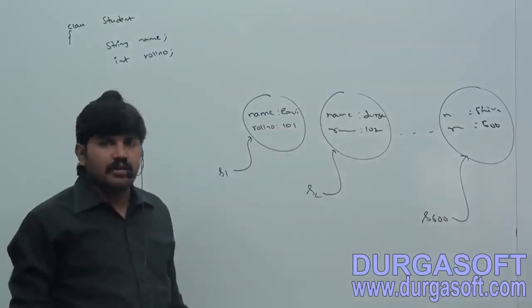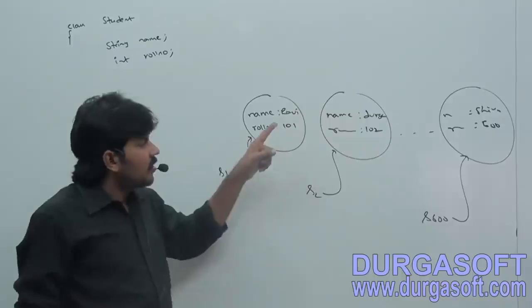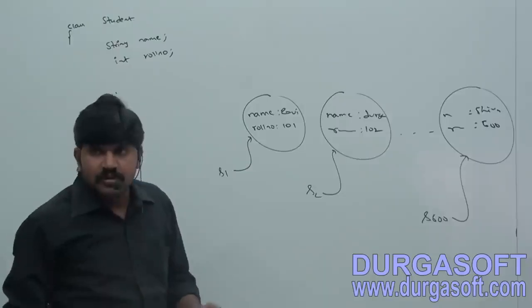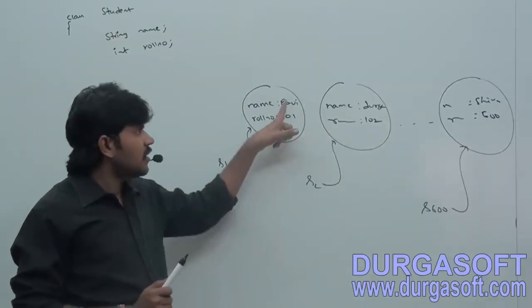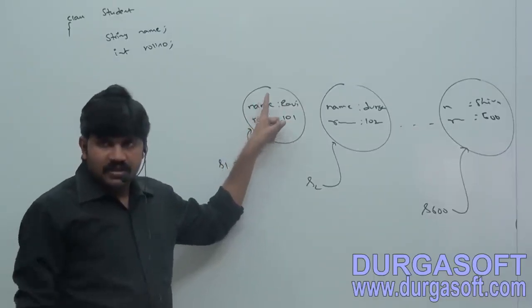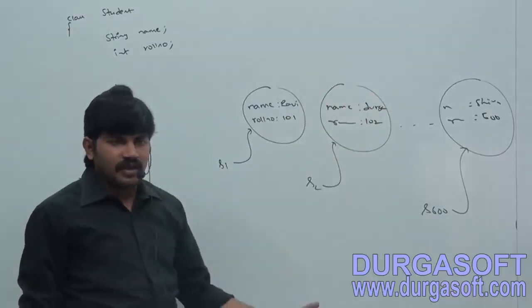Correct or not? The first student's name and roll number are different. The second student's name and roll number are different. The value of a variable varies from object to object. Such types of variables are called instance variables, right? Here the value of name for the first object is Ravi, for the second Durga, and for the last Shiva.